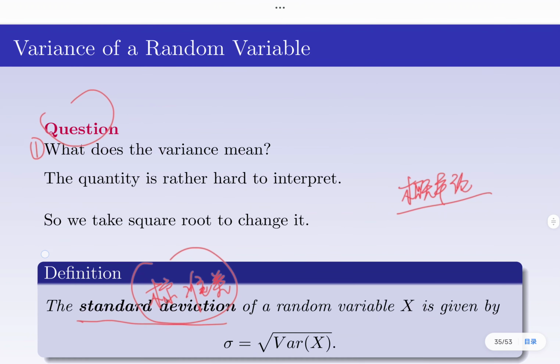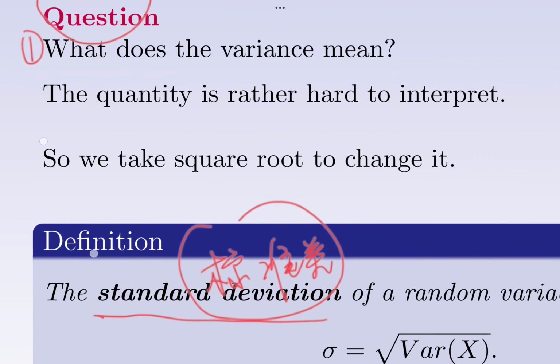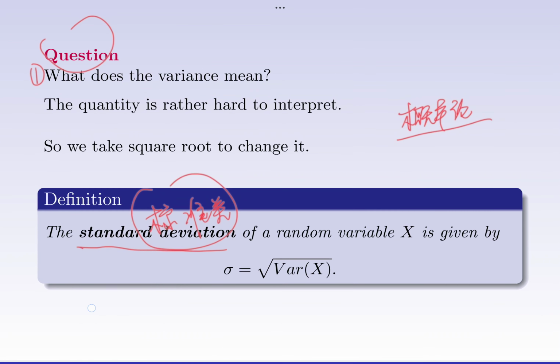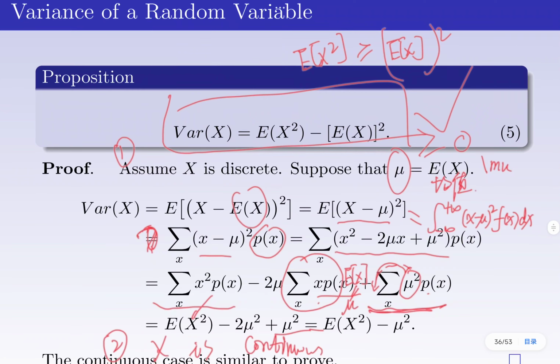Okay, this is the meaning. The square root of the variance is the standard deviation. So we take the square root to change it.